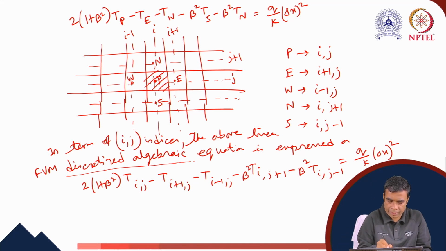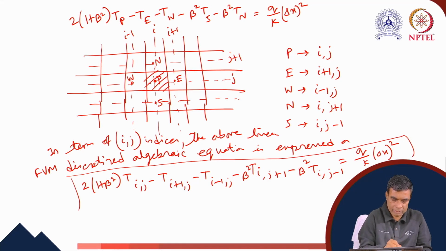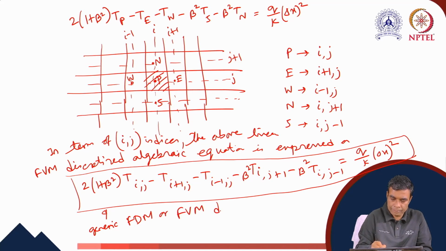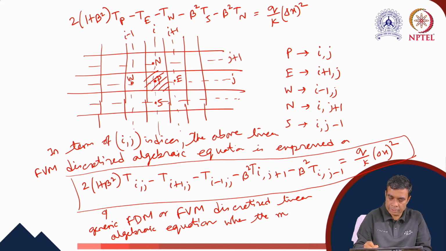So this is the generic FDM or FVM discretized linear algebraic equation when the mesh or grid is structured and Cartesian.